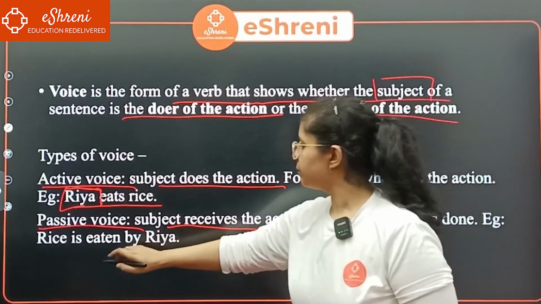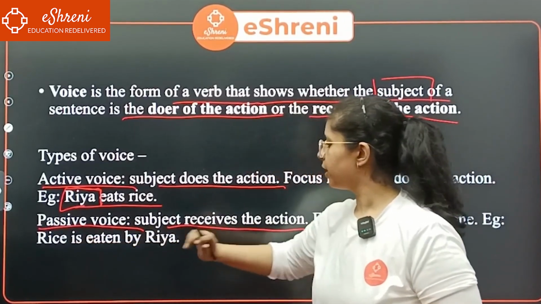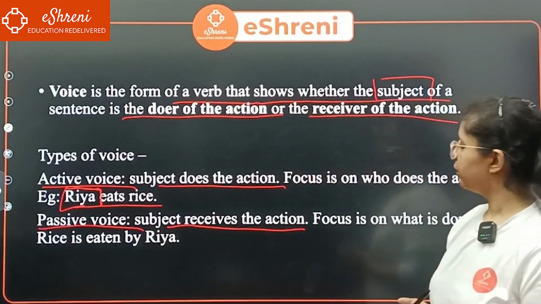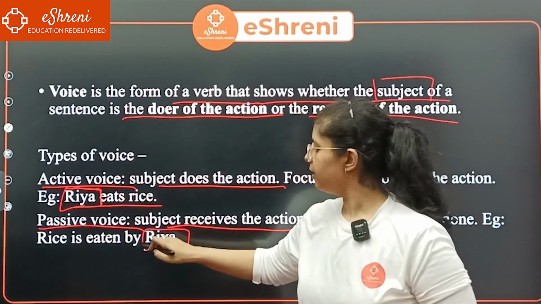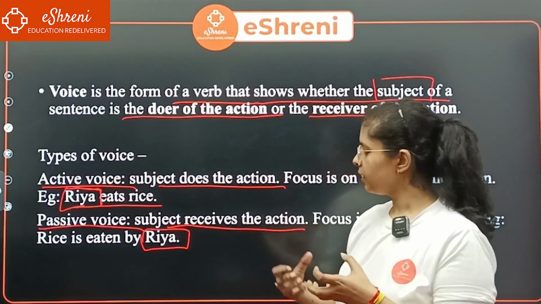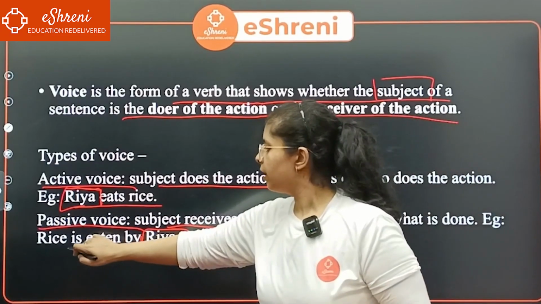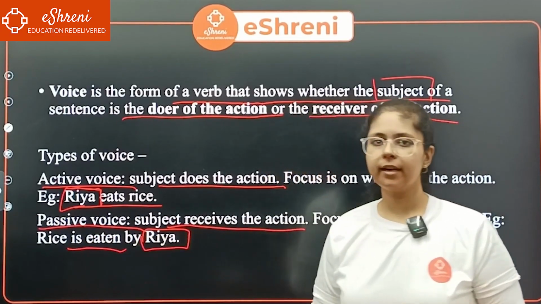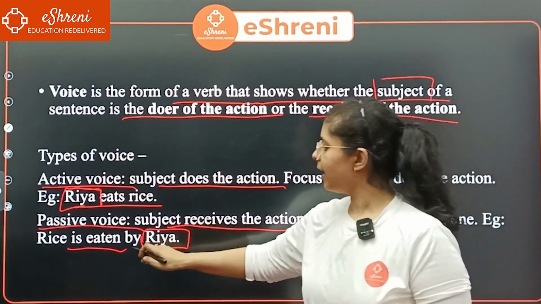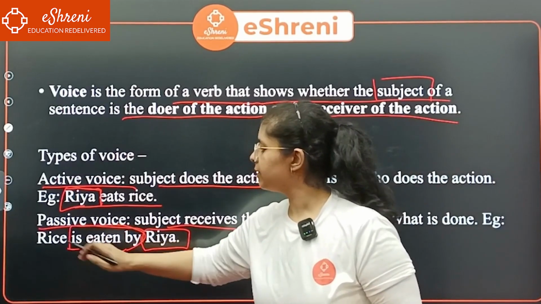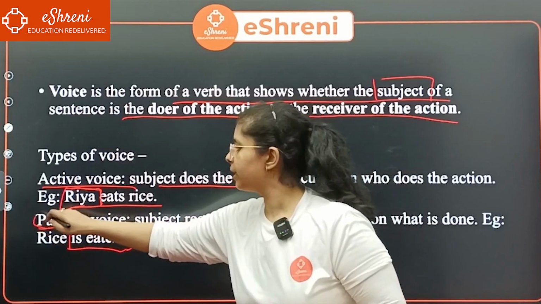Here the sentence is: rice is eaten by Ria. Here the subject, rice, is receiving the action. So rice is eaten by Ria, that is, the rice is eaten by Ria. So Ria's action is being received, that is why we can say this is passive voice.